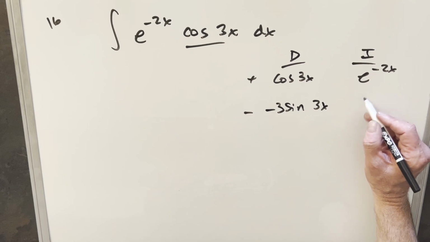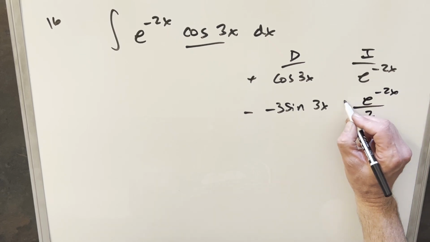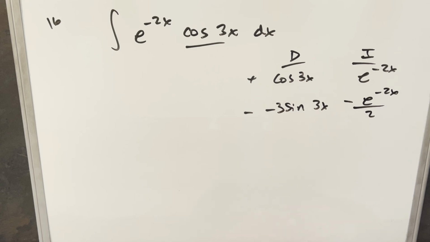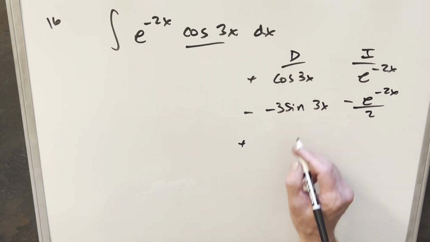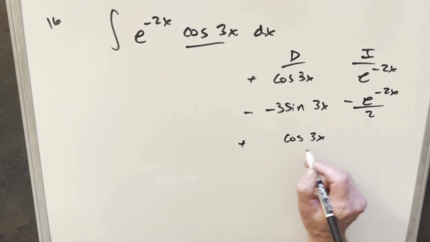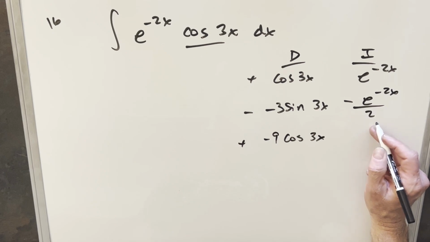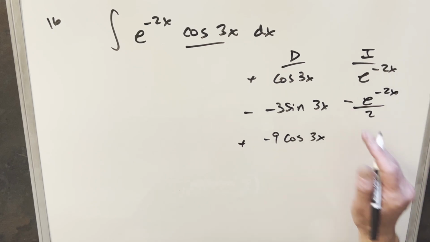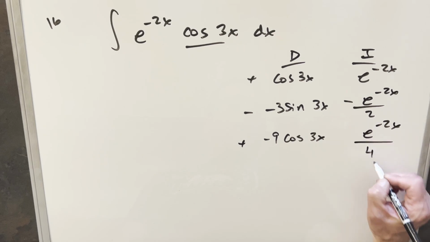Then here, integral here, e to the minus 2x over 2, bring a minus sign. Then we'll do this one more time. So this one, integral of sine 3x is going to be cosine 3x, bring out another 3, we have a minus 9 here. Then doing this again, we get another minus sign that's going to cancel with this one. So this is just going to become e to the minus 2x over 4.